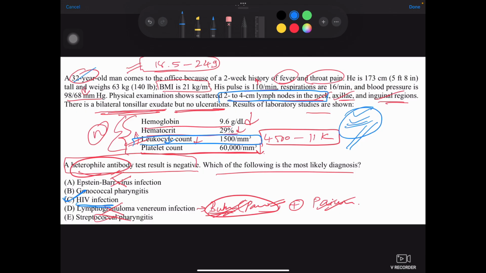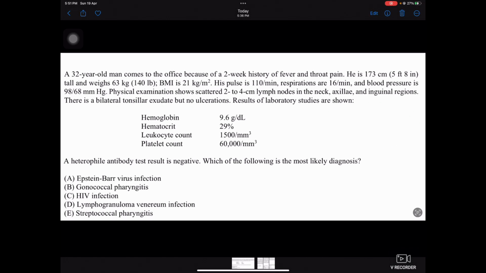So most likely this patient being young is also an indicator of HIV, with low WBCs and swollen lymph nodes. And EBV is negative, so most likely the answer will be C, HIV infection.